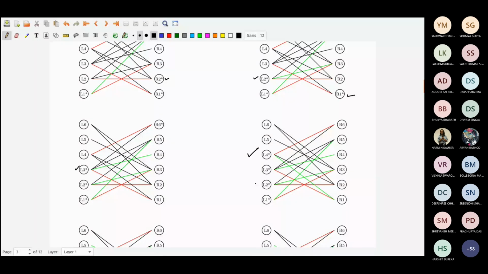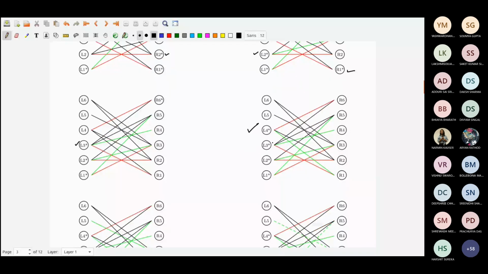And then you again ask whether there is an uncovered zero. That means whether there is an edge without involving stars as vertices. Now, yes, from L5 I can select R3. L5 has only one edge, so R3. So I select that. L5 to R3. That's what I select.